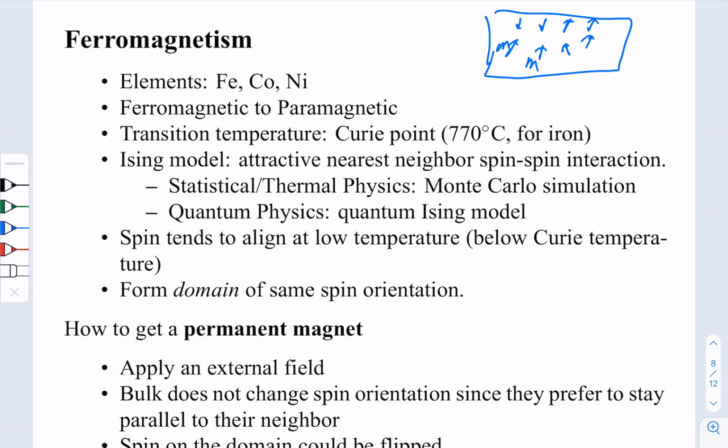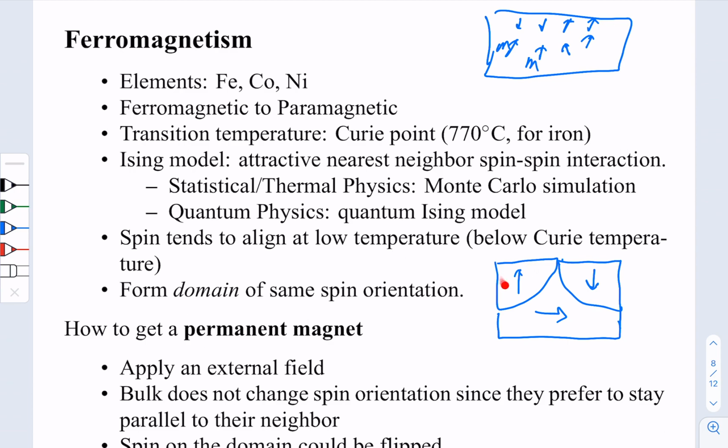So eventually, for a ferromagnetic material, they are not having random direction spins like what I showed here, but instead the material has a domain of spin, say up, and another domain, say spin down, and some other domains with spin to the right, and in the same domain they all share the same direction.